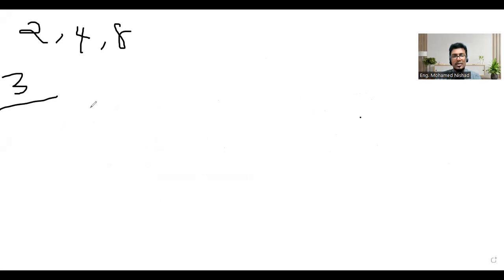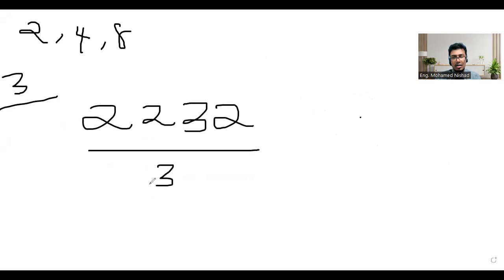Okay, can you say whether this one is divisible by 3 or not, without dividing this number? 2 plus 2 is 4. 4 plus 3 is 7. 7 plus 2 is 9.